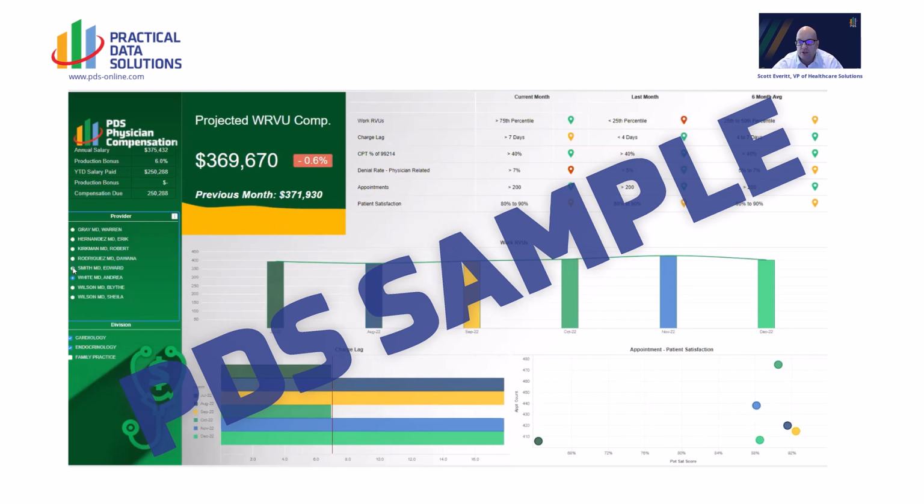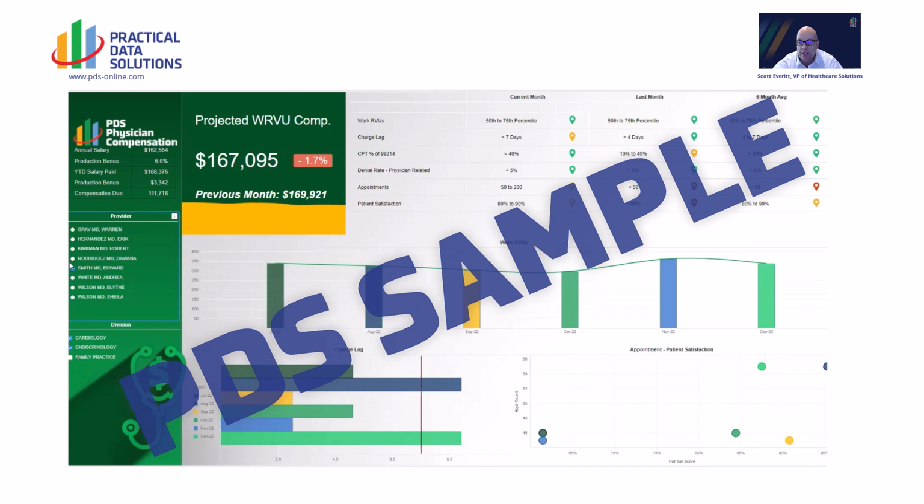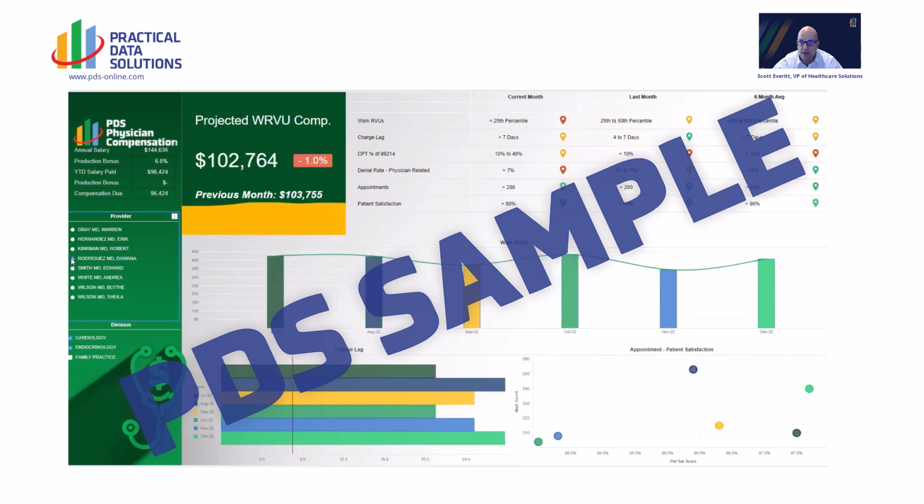When it comes to physician compensation, the important thing to remember is that timely and accurate communication is the key to being successful with these reporting efforts. The recommendation we would make is to automate as much of this process as possible. It reduces the required manpower. People have to touch it less. It definitely reduces errors as well because the calculations are all built in. But this is important to really help with engaging your providers, helping your provider satisfaction go up.